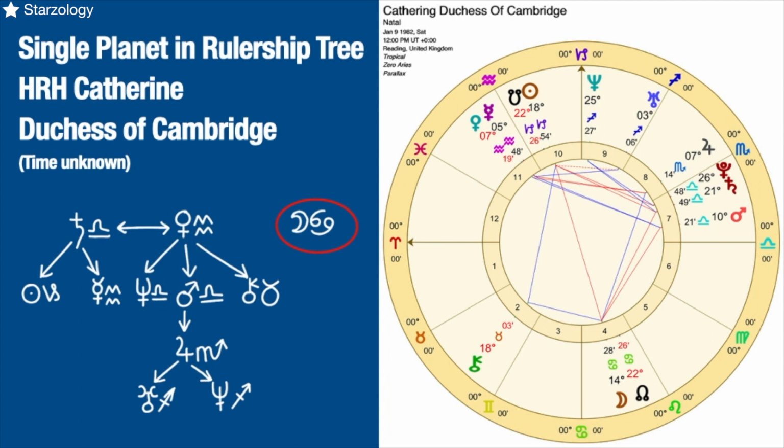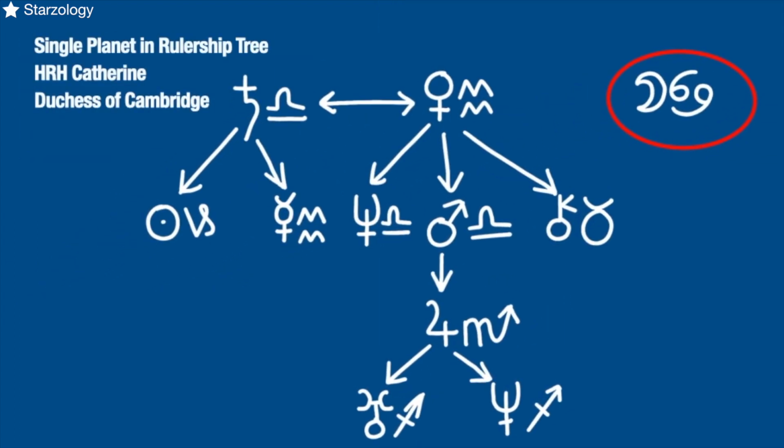With this particular type of dispositor tree, you have a group of planets on the one side, which is what she has. She's got a mutual reception between Venus and Saturn, and everything else is grouped in there. But then there's this single planet, the moon in Cancer, by itself, separately within her chart. And that perhaps has a lot to say about her as a mother and a wife, and her nurturing and caring of obviously her children and her family, and the importance of that.